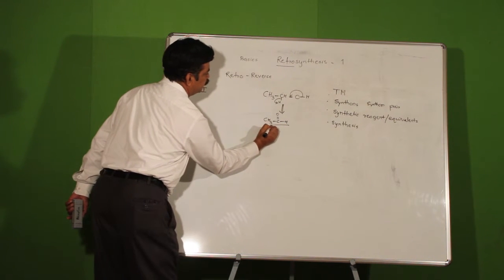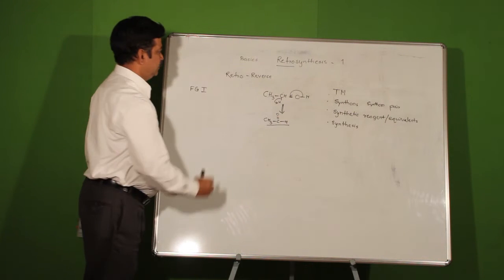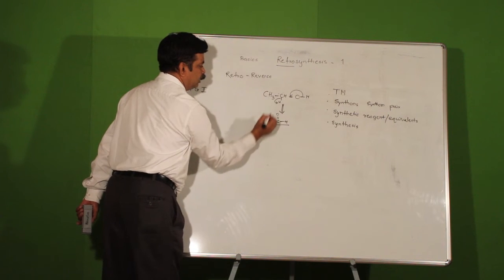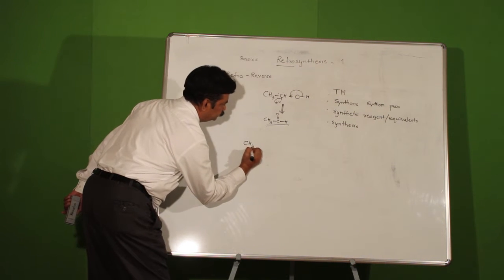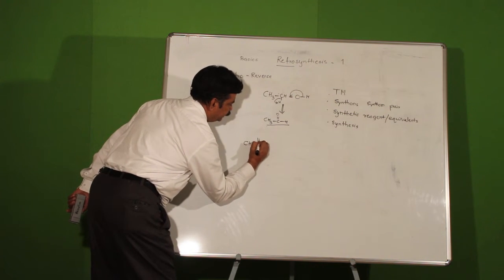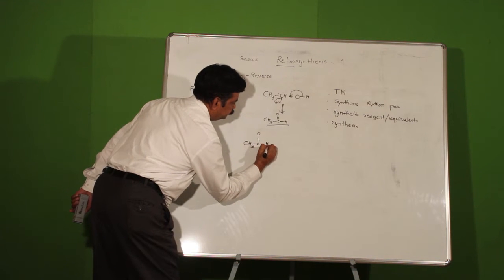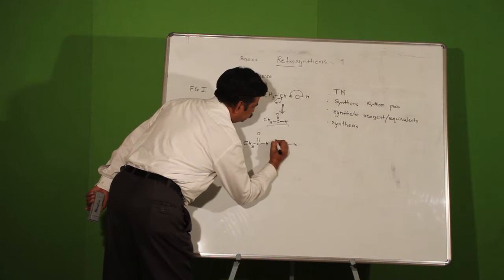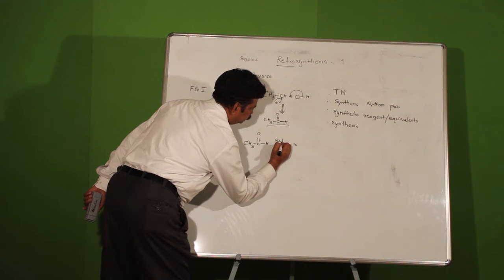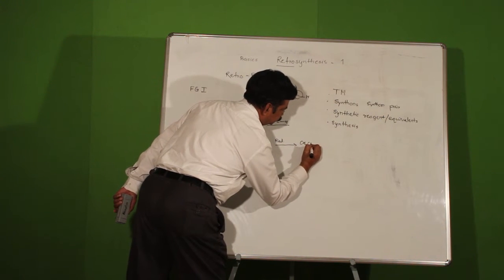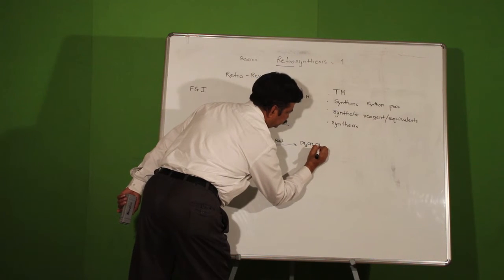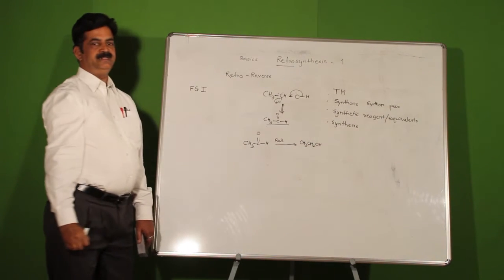This is the starting material, and to get ethanol from acetaldehyde, we can reduce it and we can get ethanol from acetaldehyde.